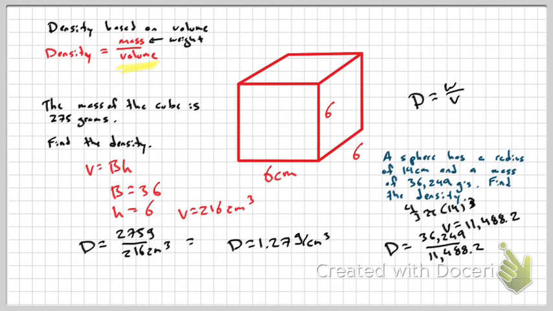So 36,249 divided by 11,488.2 to get a density of 3.16 grams per cubic centimeter.